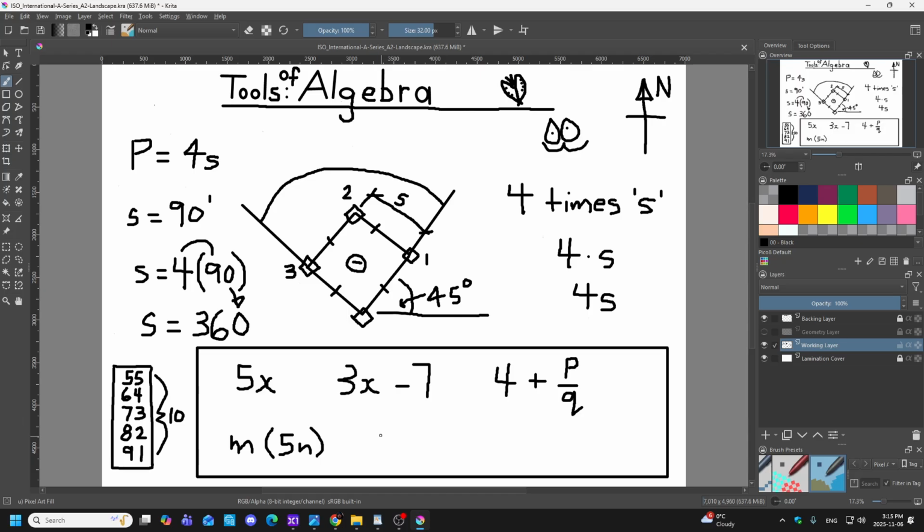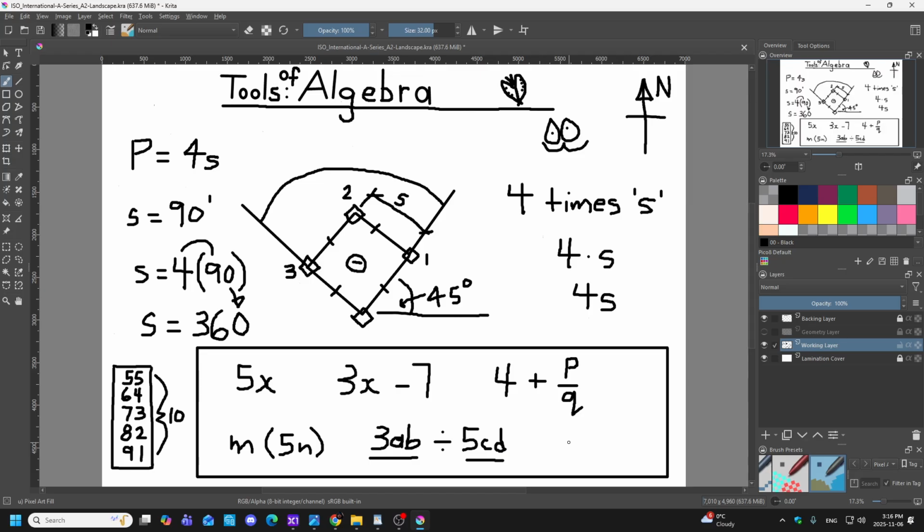One more. 3a, whoopsie doodles, 3ab. So what we have here is 3 times a times b. All of these are being multiplied together. And then they have divided by 5cd. 5 is multiplied by c, and c is also multiplied by d.